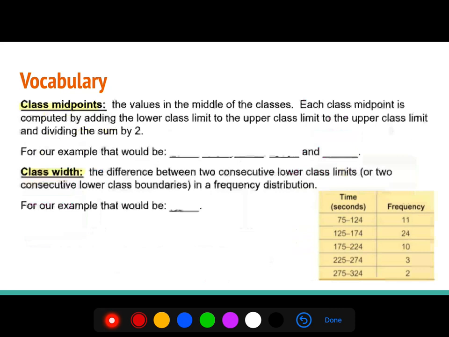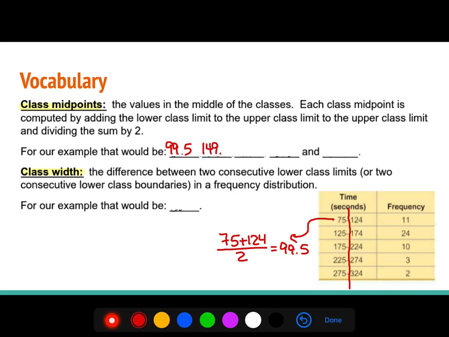All right, now to our class midpoints. Midpoint values, as you can guess, are the values in the middle of the class. Each midpoint is computed by adding the lower and the upper class limit to each other and dividing by 2. So to get the first one, I would do 75 plus 124 and divide that number by 2, which in this case is going to be 99.5. The first one's 99.5.